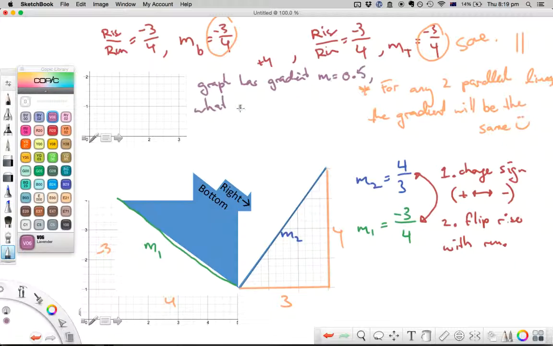What is the gradient of a line perpendicular to this?